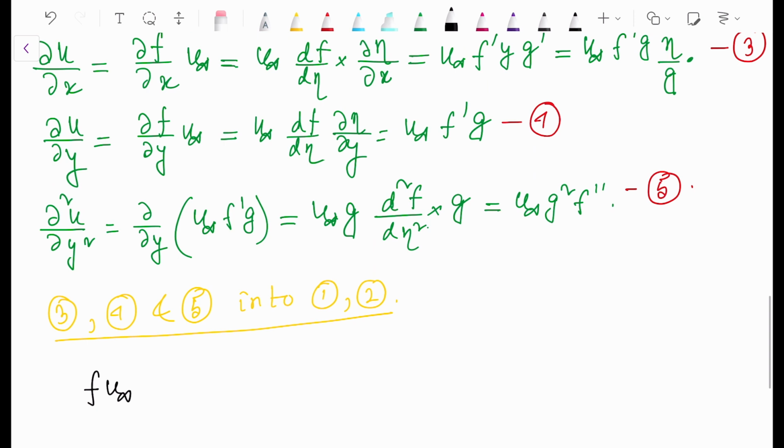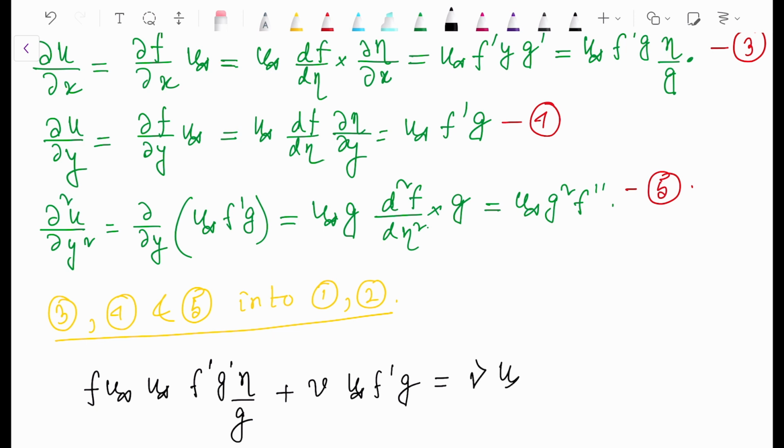Del u del x is u infinity f dash g dash eta by g, plus v into del u del y, that is u infinity f dash g, and that is equal to nu into del square u del y square, that is u infinity g square f double dash.